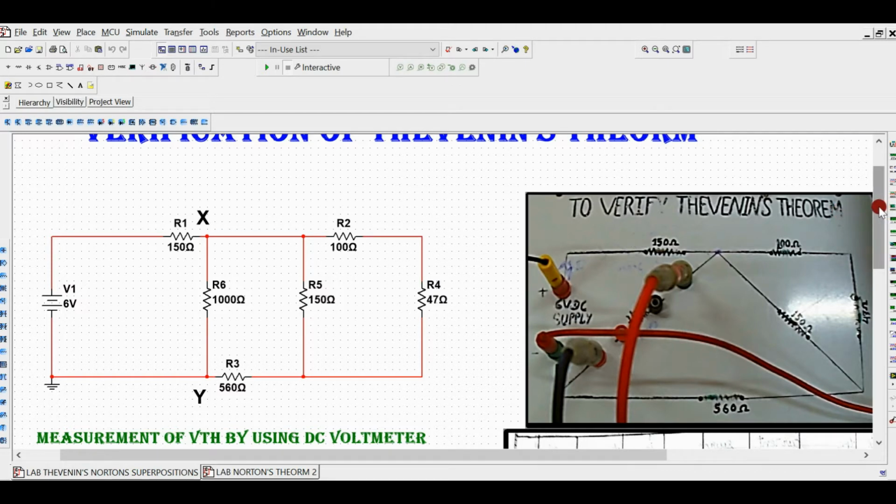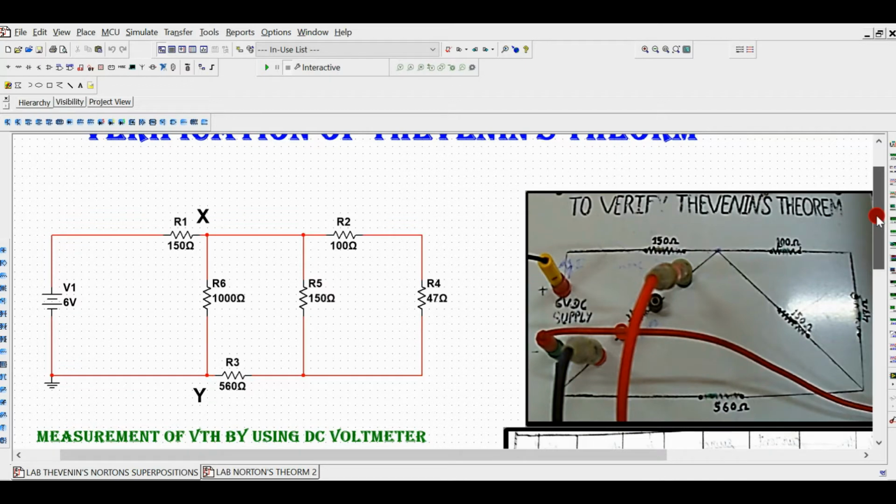So what is Thevenin's theorem? According to Thevenin's theorem, its statement, you can see, is that in a linear resistive bilateral network where various sources and various resistances are connected in the circuit, that circuit can be replaced in an equivalent diagram where only one voltage source will be there, that is equal to VTH, and only one resistance RTH will be there in series with the VTH.